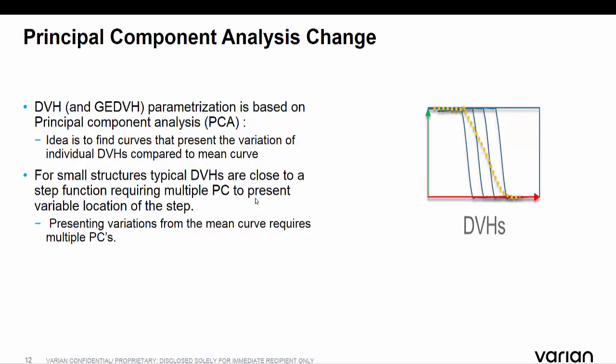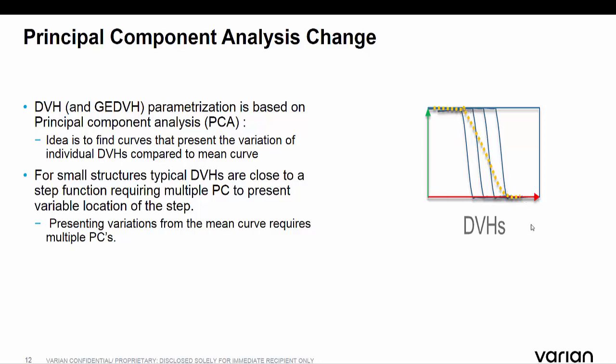The principal component analysis during the training phase of the model has changed. DVH and geometrically expected DVH parametrization is based on principal component analysis. The RapidPlan algorithm finds curves that represent the variation of individual DVHs compared to the mean curve.